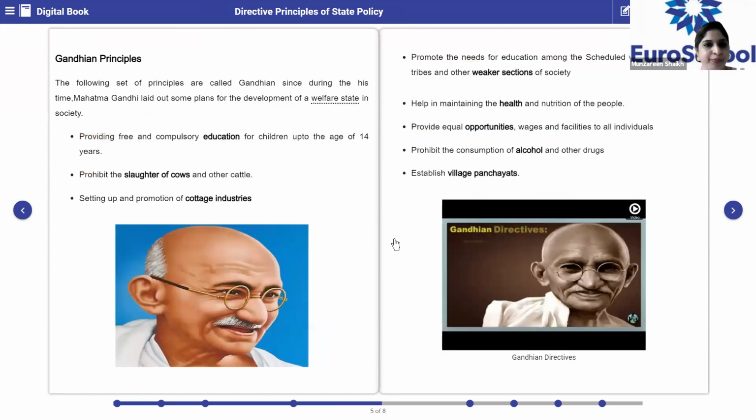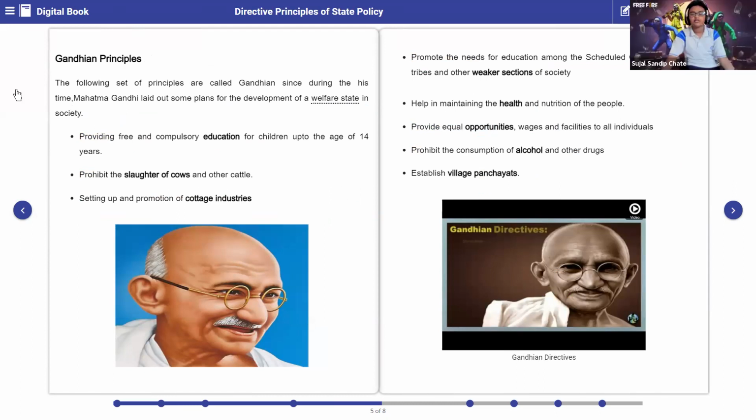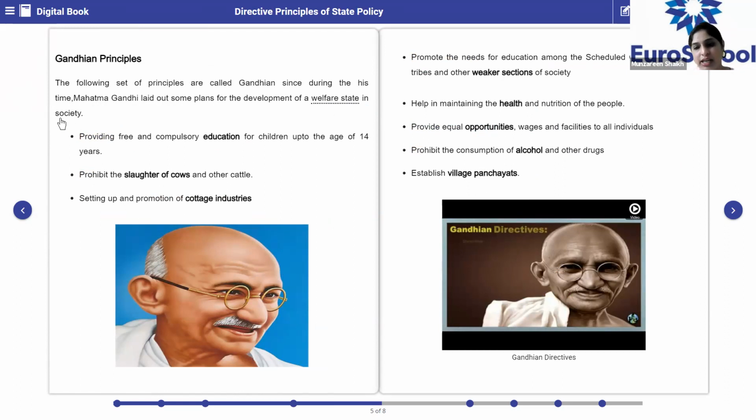These are the Gandhian principles. Why is it called Gandhian principles? Because these are the principles given by Mahatma Gandhi. The following set of principles are called Gandhian since during his time, Mahatma Gandhi laid out some plans for the development of the welfare state in society. You might get a question: give reason why the principles are called Gandhian principles.